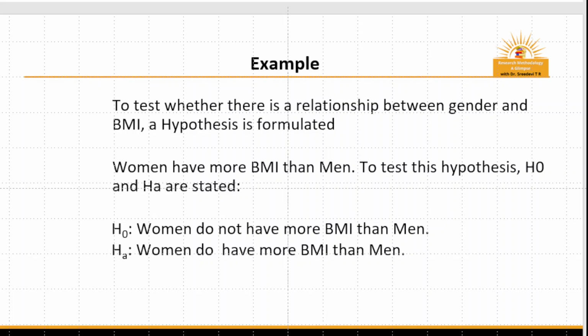Here the population is men and women. So probability sampling is adopted. Our objective is to test the differences in average BMI between men and women. For that, the sample selected should have an equal proportion of men and women.